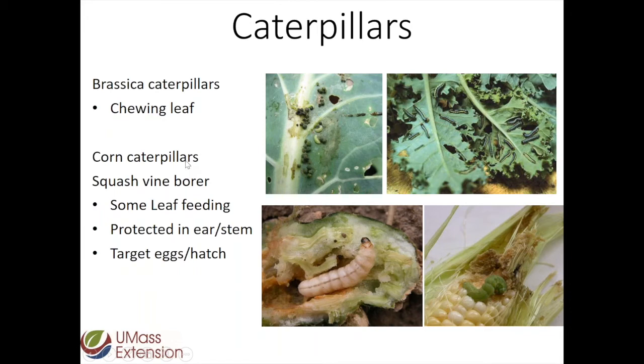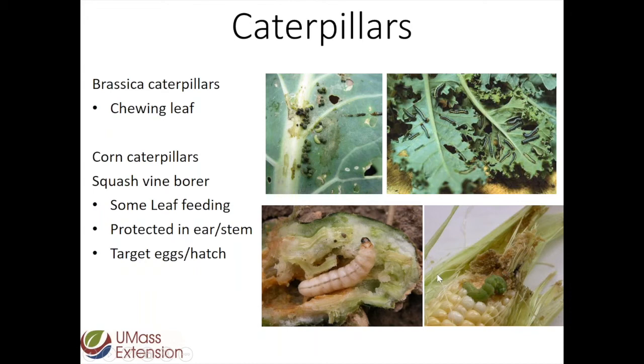There's corn caterpillars, which to a lesser extent feed on the foliage, but they get inside the ear and do damage in there. And similarly, the squash vine borer is a caterpillar that lays its egg on the outside of the vine, and then the caterpillar grows inside the vine.